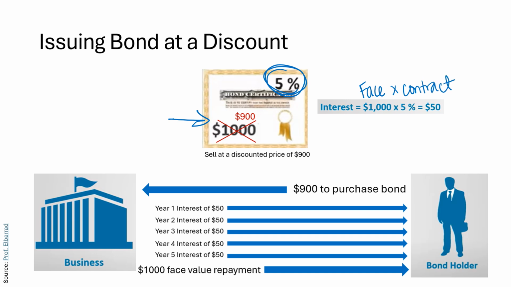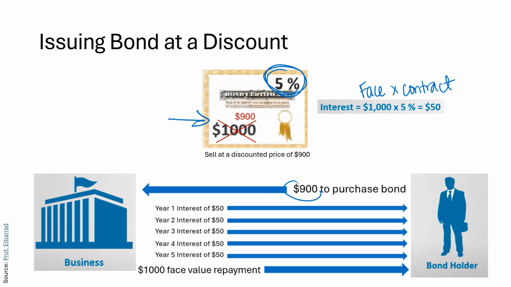So the amount of interest that is paid, that does not have to do with what the bond actually sold for, because that's based on the market. When you're looking at interest, you're using the contract information. So the face value times the contract rate.